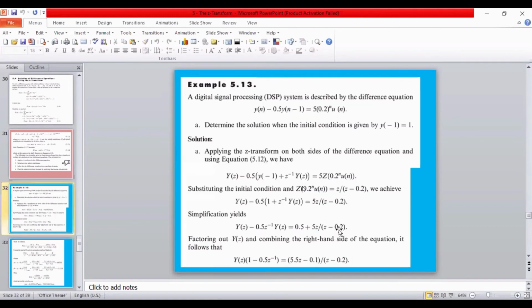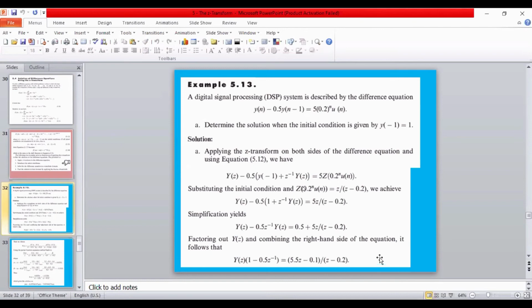Now we need to take the common denominator for these two. Since this doesn't have any denominator, we have to find the common denominator and group terms. After you do the maths, this is what pops up here, okay?